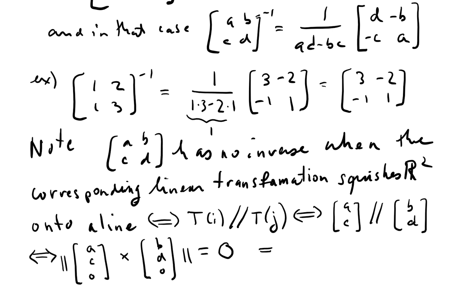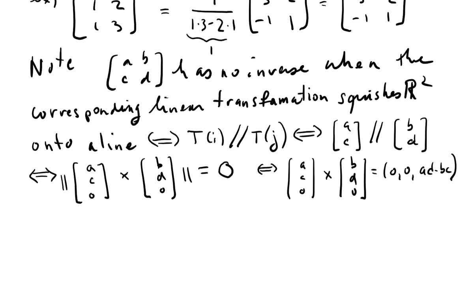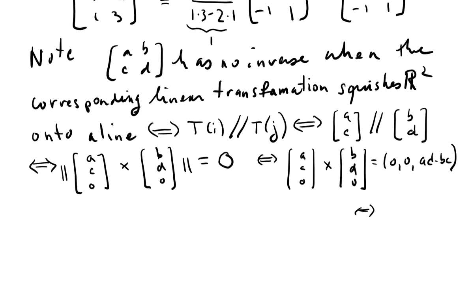That's only going to happen if the cross product itself is 0, because if the norm of a vector is 0, it means the vector itself is 0. And if you calculate this cross product, you'll see that it's going to give you 0, 0, AD minus BC. So if the two vectors are parallel, the last component will be 0, so that the norm is 0 itself.